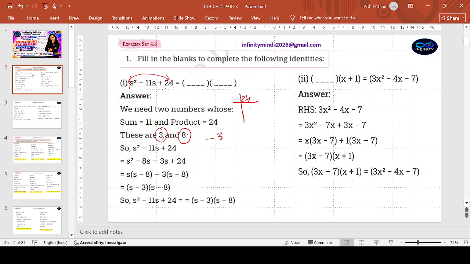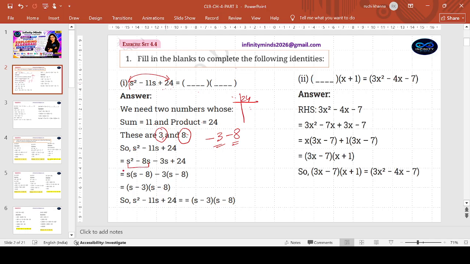So it would be correct if I take minus 3 and minus 8, as if we add them, we'll get minus 11. Now just see. I will split the middle term minus 11s as minus 8s and minus 3s. This is the most crucial step, that you should be able to think of the correct breakup of the middle term.